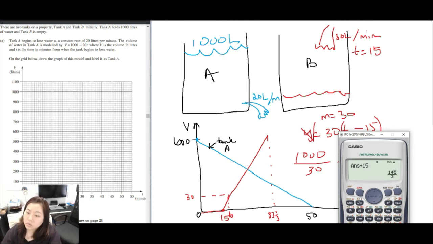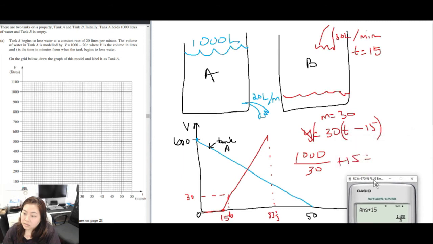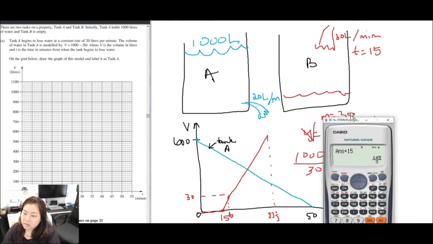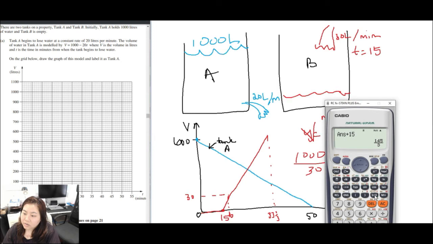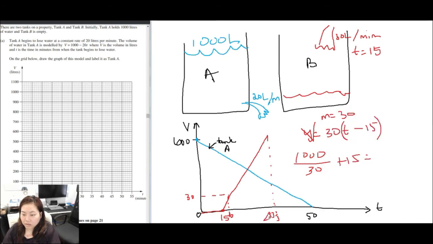Oh, right. Actually, I was wrong. It should be 48 1/3. That's right, because it takes 33 1/3 minutes, but the first 15 minutes nothing was happening.